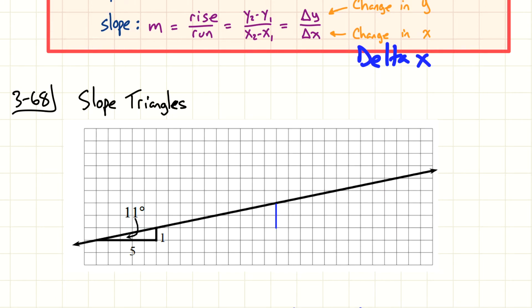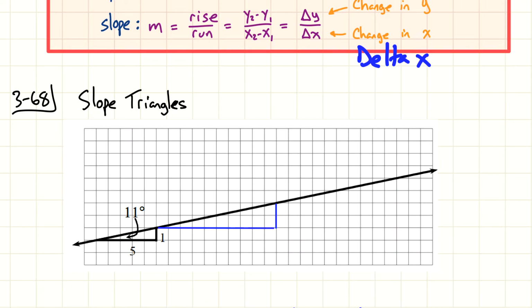So here I have a rise of 2. You can see that it has a height of 2 here. And that means, what's going to be my run? So if I draw a line that goes straight across, right?